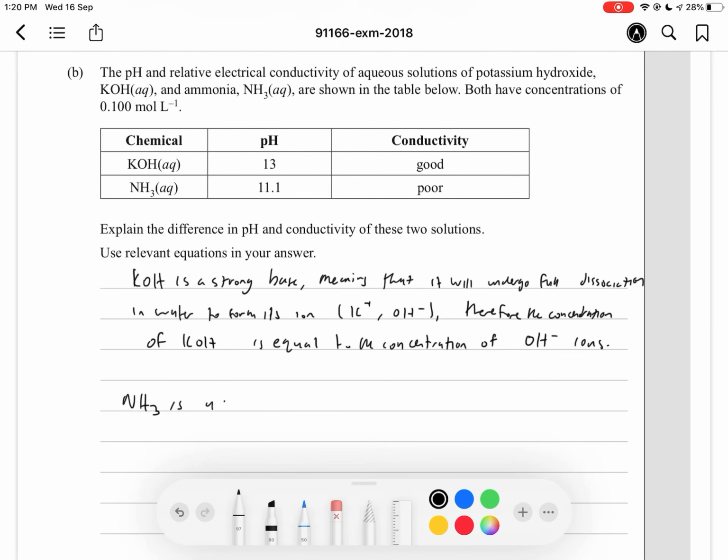Alright, so we can now link this one to NH3. We say NH3 is a weak base, meaning that it undergoes partial dissociation in water to its ions.